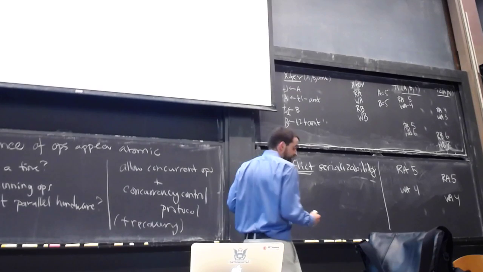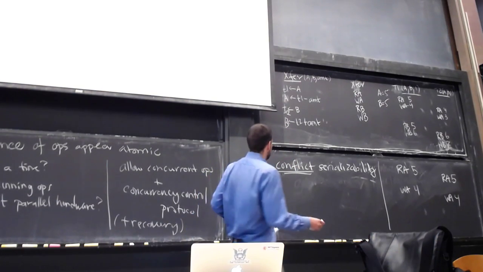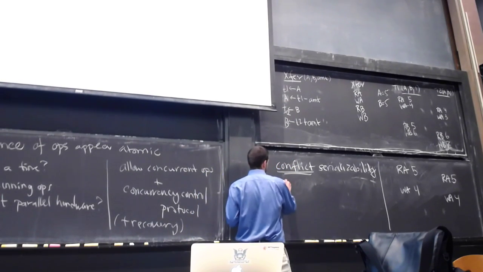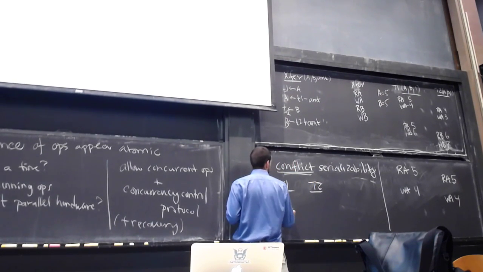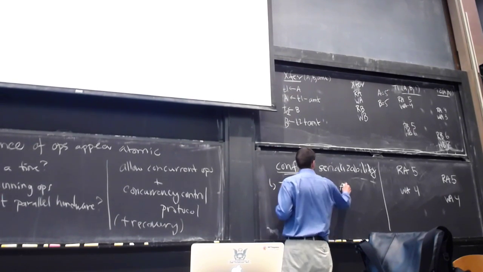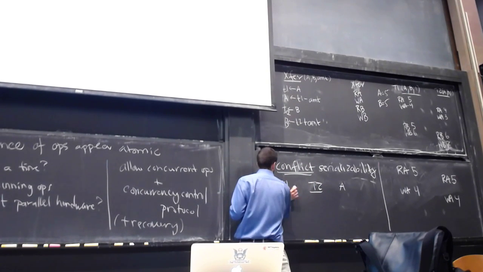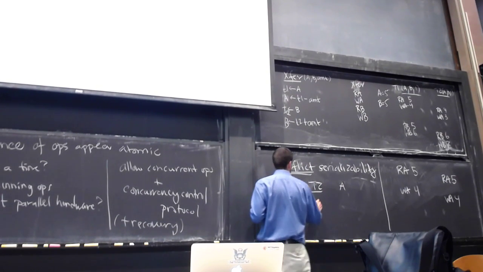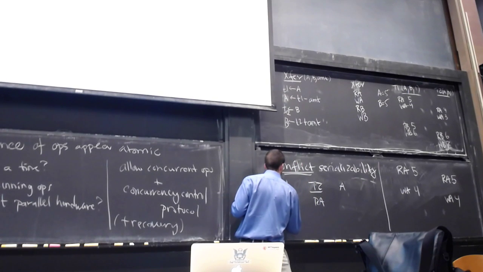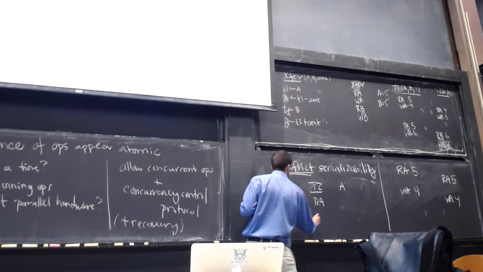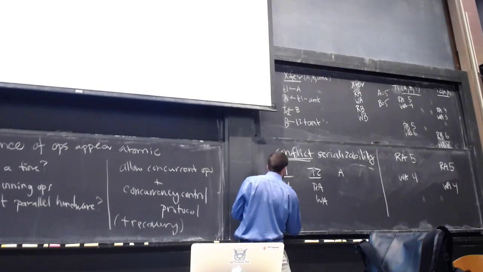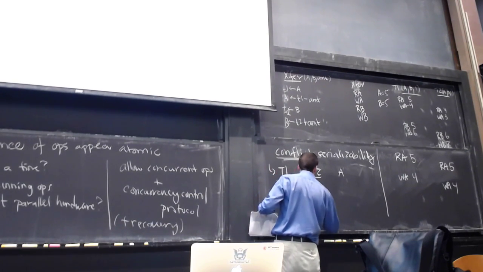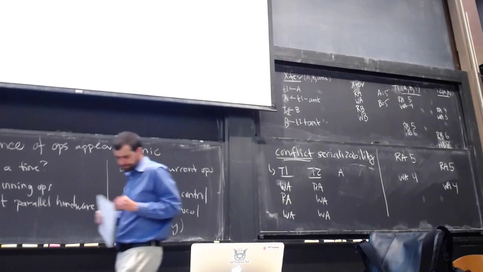So a conflict is, if you have 2 transactions, T1 and T2, and some variable A: T1 writes A and T2 reads A, T1 reads A and T2 writes A, or T1 and T2 both write A. Those are the types of conflicts that can occur.